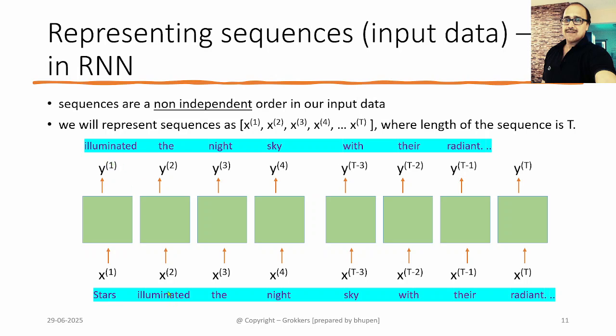And likewise, if illuminated is the present token, the output will be the, and so on and so forth. And as you notice here, the sequences of data are not independent. In fact, they are related to each other. So this is how we represent the sequences, or rather the input data, that we use in RNN as sequences.